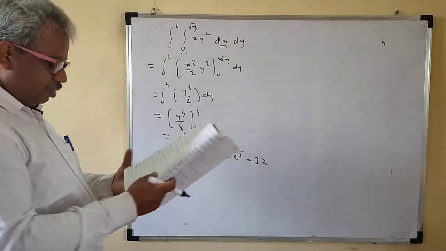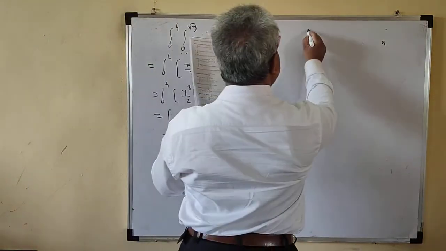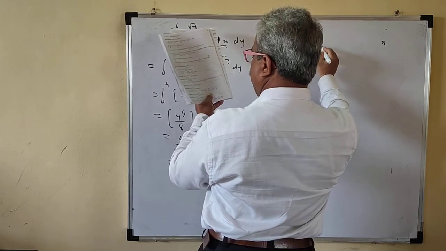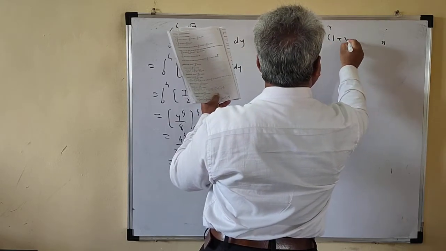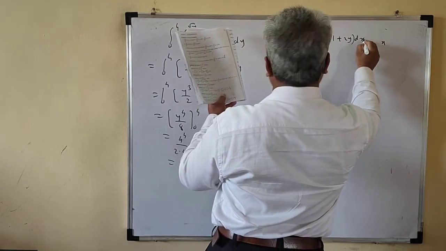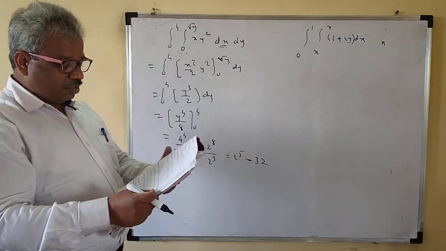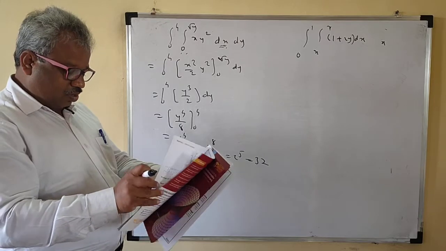Same thing if you solve this: 0 to 1, x square to x, 1 plus twice y dx, something like this. We can solve this.